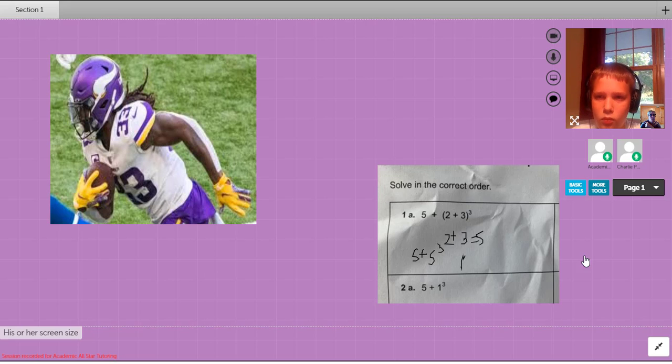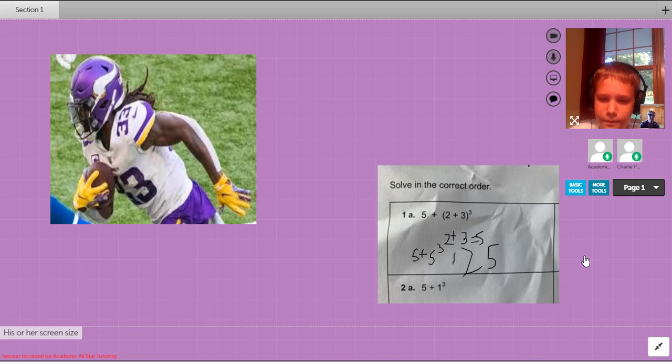When it's an exponent, what is it that you should be doing instead of 5 times 3? I think it would be 5 times 5 times 5. Yes, that was a good catch there. And just remember that. Just slow down. Sometimes you might go a little bit fast. So what would be 5 times 5 times 5? That would be 125.